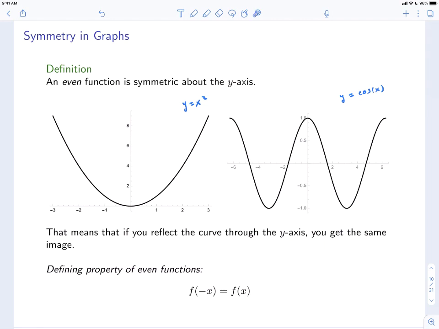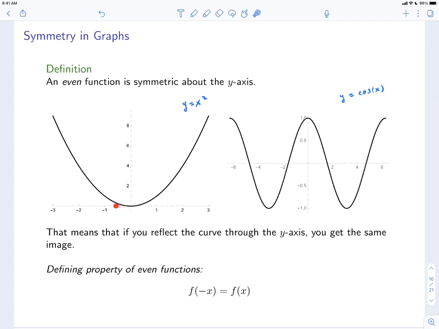The defining property of an even function is that f evaluated at the opposite of x is the same thing as f at x. In terms of the graph, you can think of the minus sign as telling you to go to the left. So if you go to the left x units, you get the same output as if you go to the right by x units.